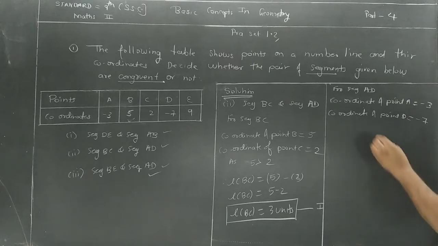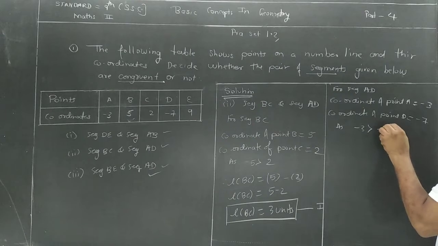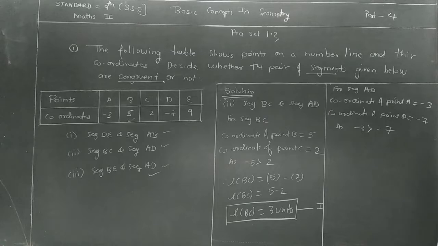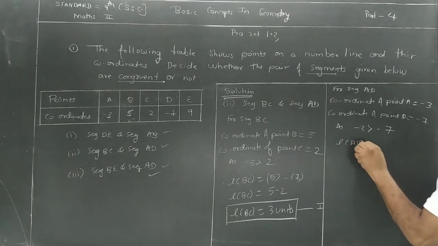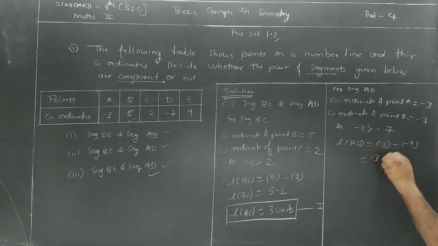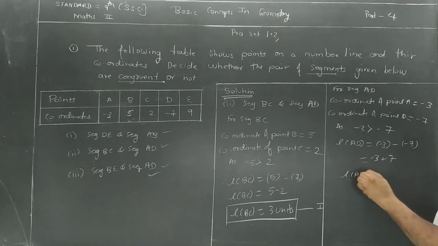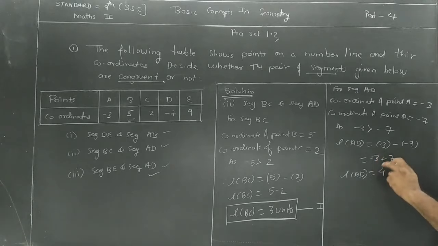If you compare, minus 3 is greater than minus 7. Is it right? Therefore, length AD is equal to minus 3 minus minus 7, so minus 3 plus 7. Length AD is equal to 4. Why is it 4? Minus 7 plus 3 gives 4, and you give the sign of the greater number. Units. This is equation number 2.